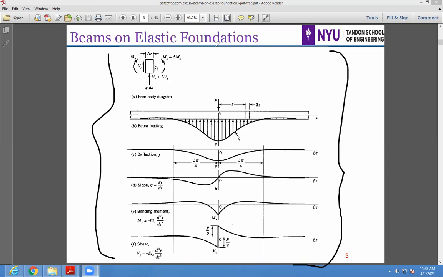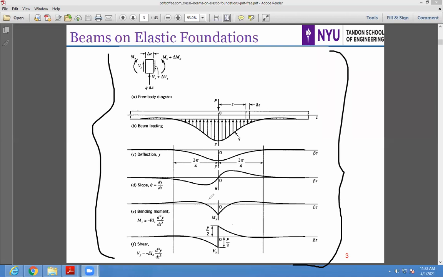All of you please draw the diagram. Whatever the case we have considered in the last lecture, for that case, please draw this diagram for deflection, slope, moment and shear. Already we have derived the equations.